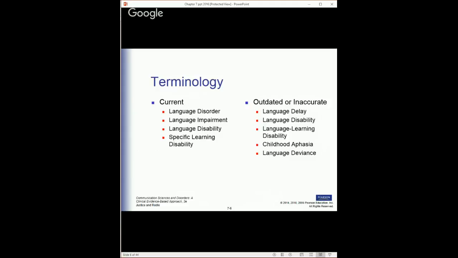The column on the left is what we use currently. And these probably will change again in the next few years. It seems like terminology kind of goes in cycles or changes over a period of years.